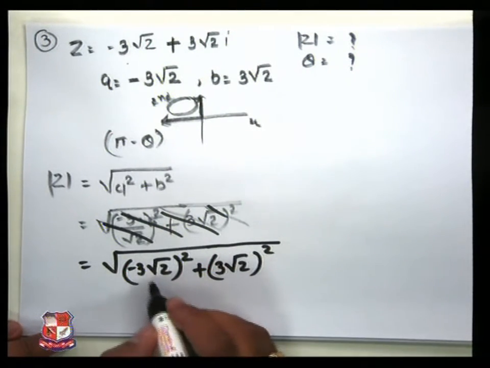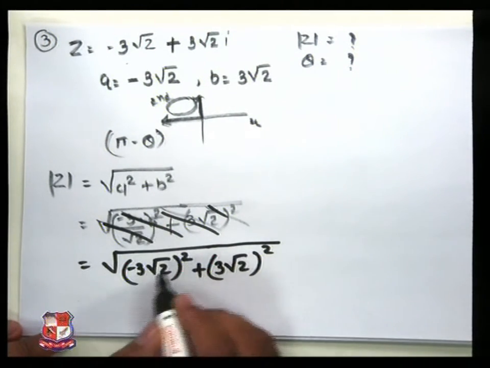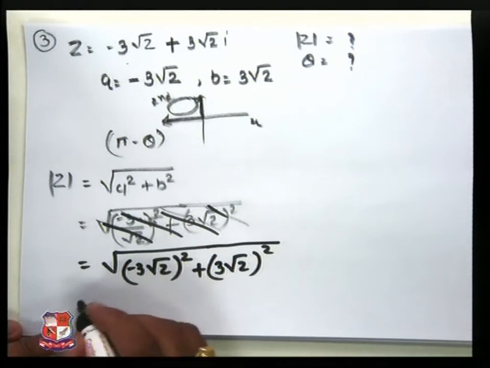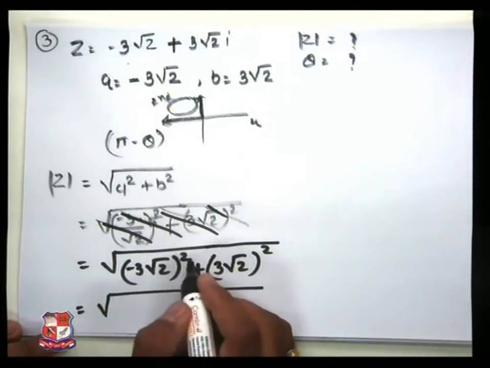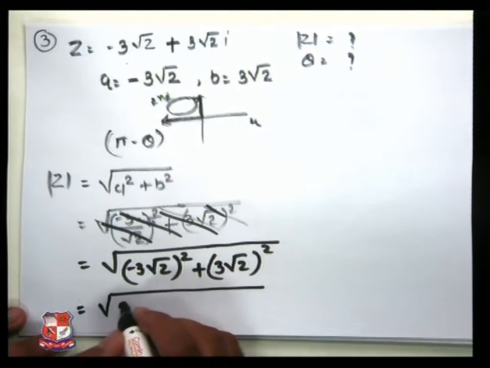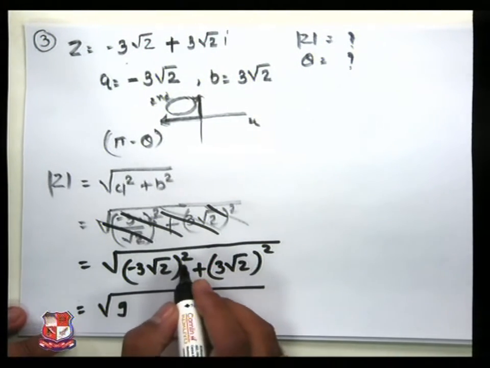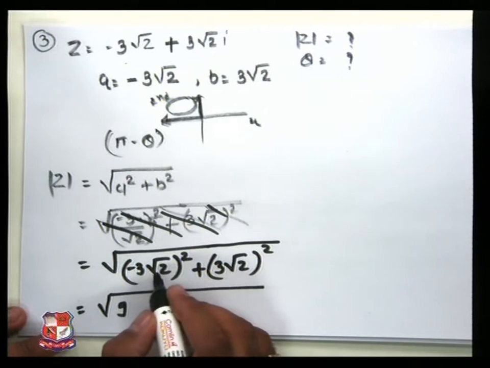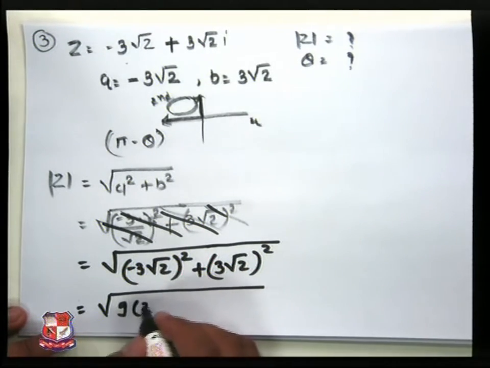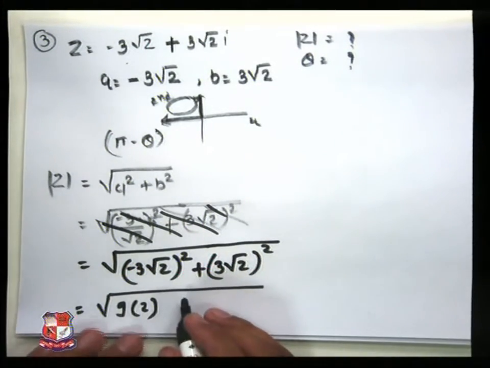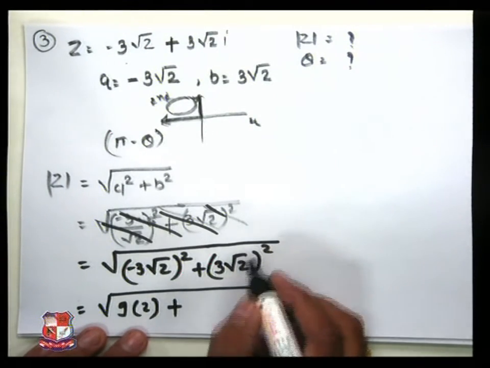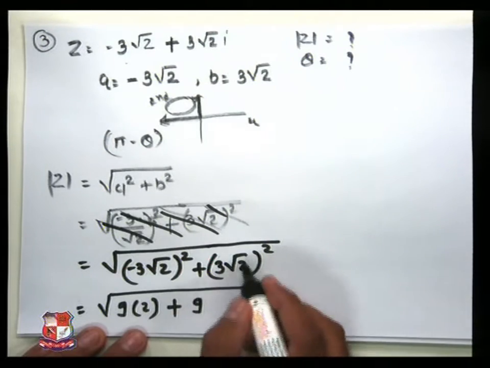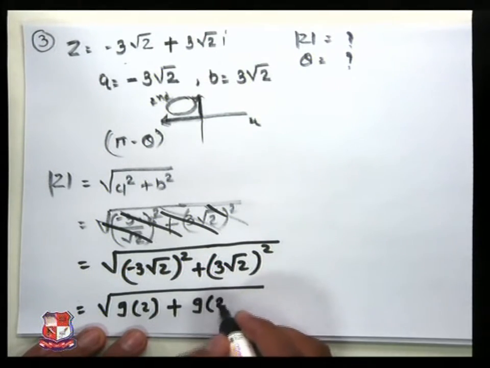Now any negative value squared is always positive, so under root, minus 3 square is plus 9, and under root 2 square cancels out and only 2 remains. Plus again 3 square is 9, and under root 2 square is 2.